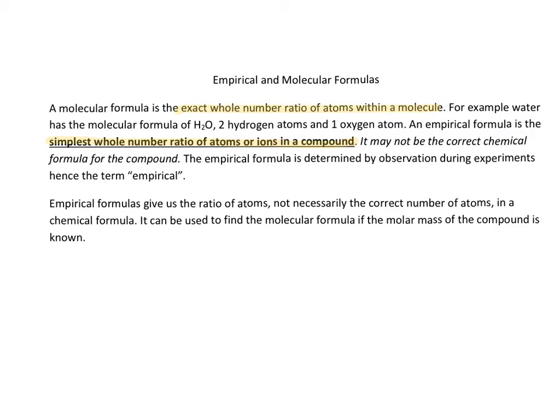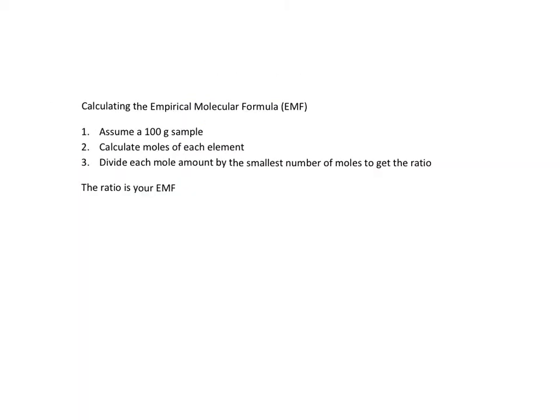The empirical formula is determined by observation during experiments. That's why it's called empirical, because it means observed. Empirical formulas give us the ratio of atoms, but not necessarily the correct number of atoms in a chemical formula. It can be used to find the molecular formula if the molar mass of the compound is known.